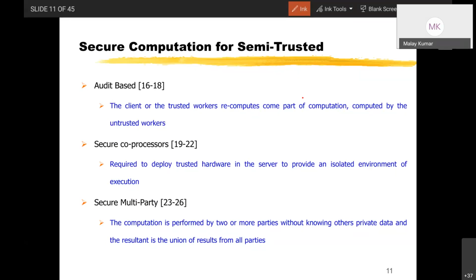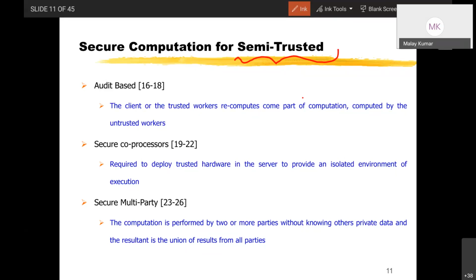Okay. So, as you had seen, there are broadly two categories. The first one is the semi-trusted model, and another is the fully malicious or untrusted model. In the trusted model, only security is essential for such methods.